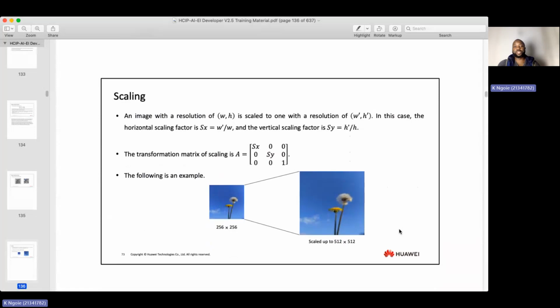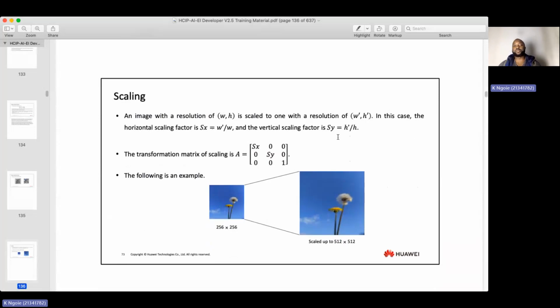Right, so the next one will be scaling. Scaling means that we have an image with a certain resolution. For example, the resolution here is W by H, which is scaled to a new resolution W' by H'. In this case, the horizontal scaling factor is SX, and the vertical scaling factor is SY.